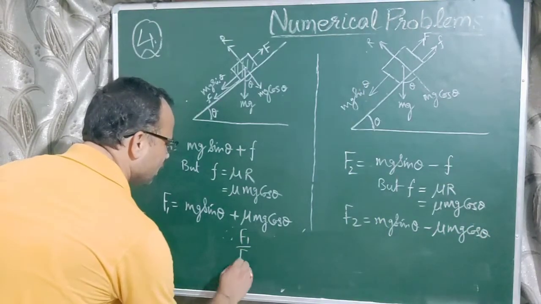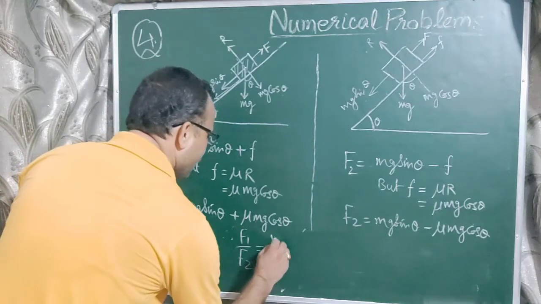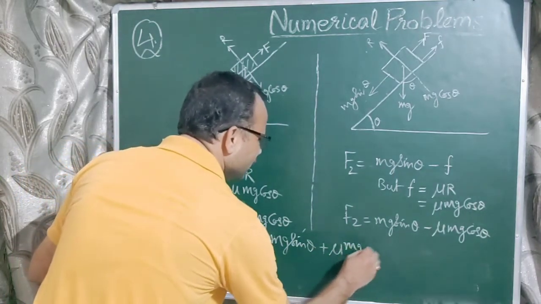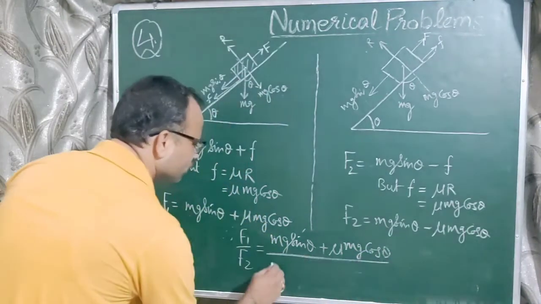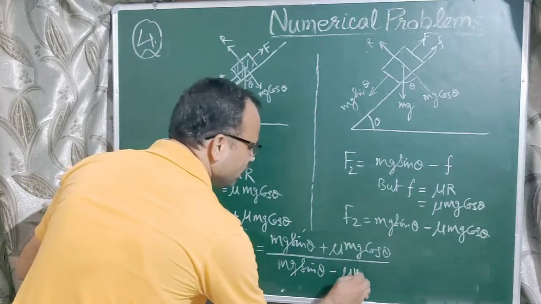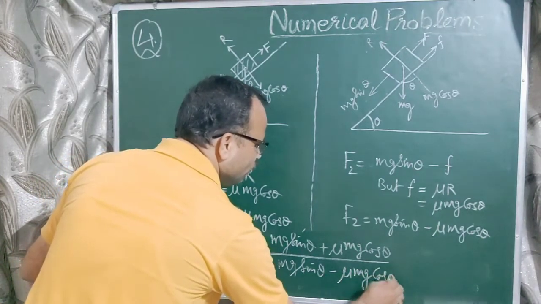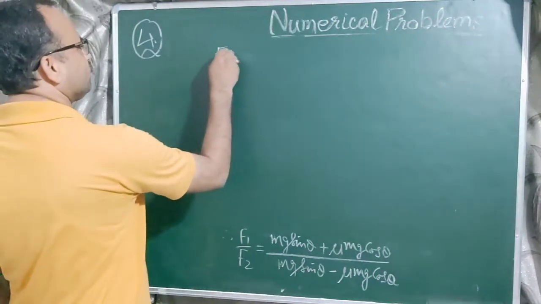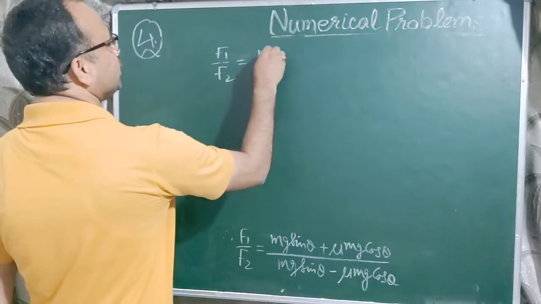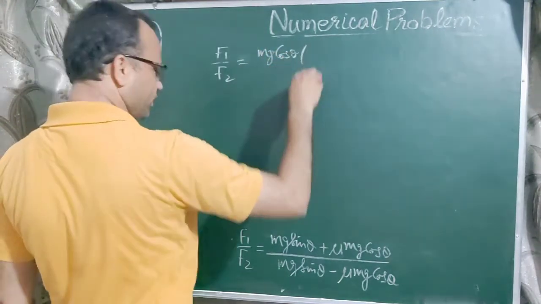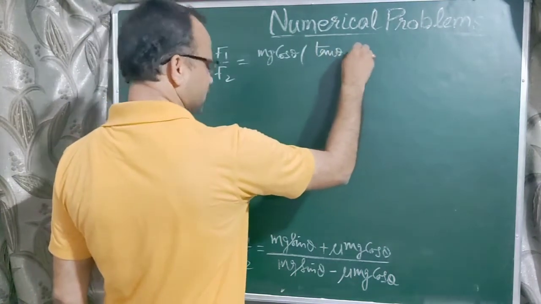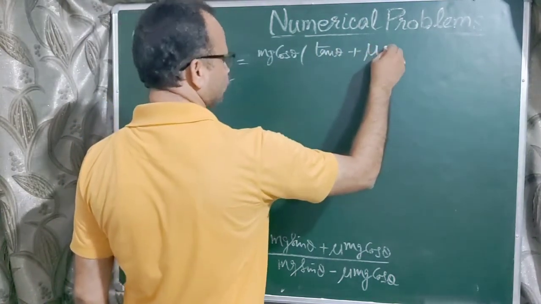F1 upon F2 equals mg sin theta plus mu mg cos theta upon mg sin theta minus mu mg cos theta. So taking mg cos theta common from the numerator we get tan theta plus mu.